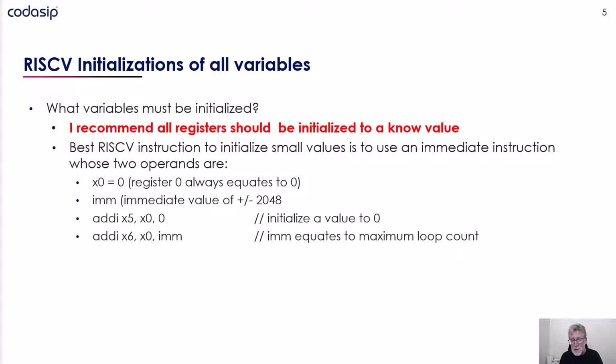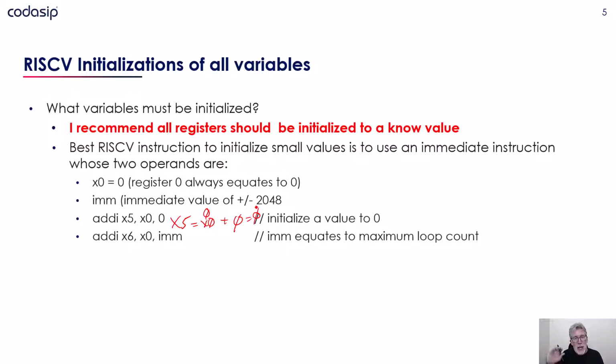Now, if you take a look at this first routine, x5 is the result register of x0, which is always 0, plus the immediate value of 0, so the result is 0. So the nice thing about RISC-V, we have an operand which is always defined as 0, which is x0.